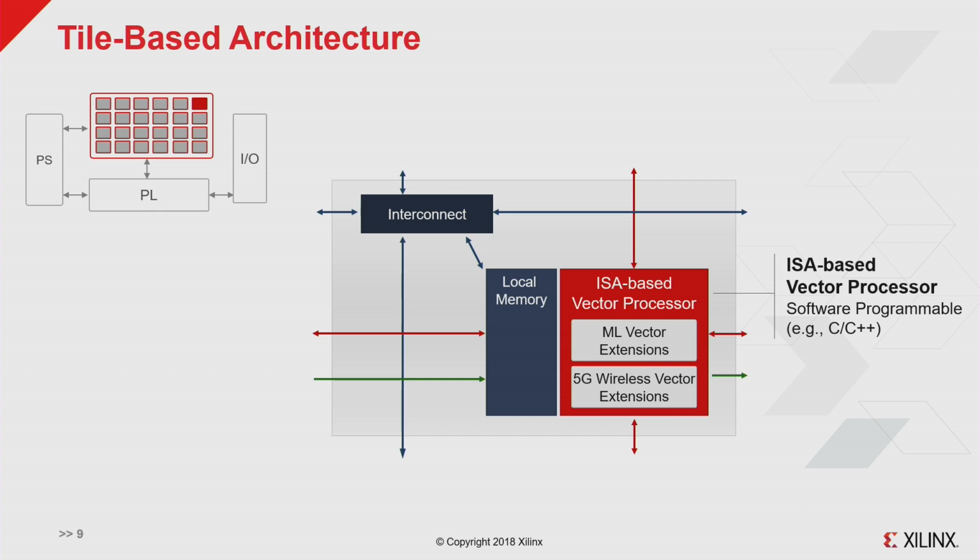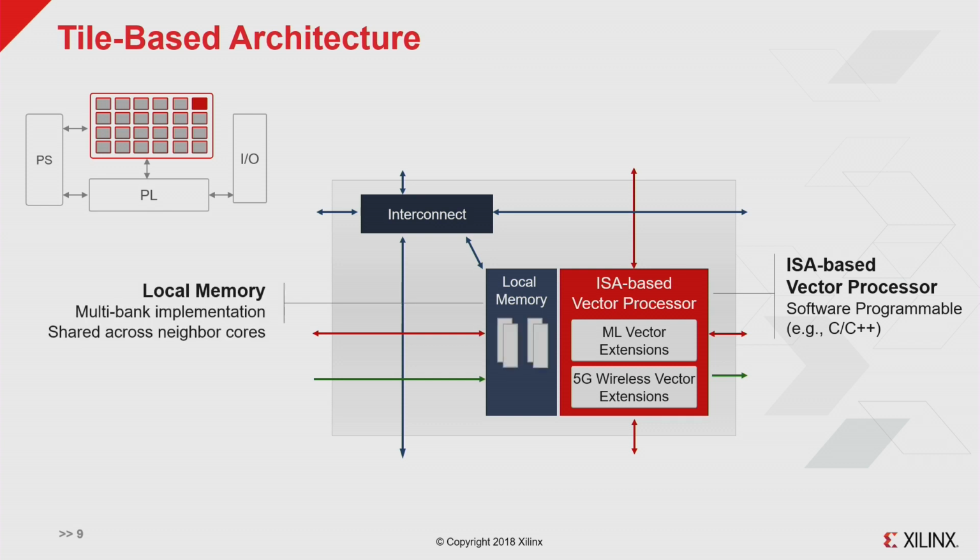We have optimized the instruction set for this type of application. The next one is the local memory. The local memory is a multi-bank implementation and is shared, as I said before, across neighboring cores. So neighboring cores can directly access the local memories.